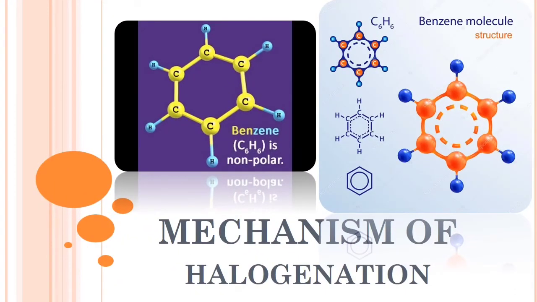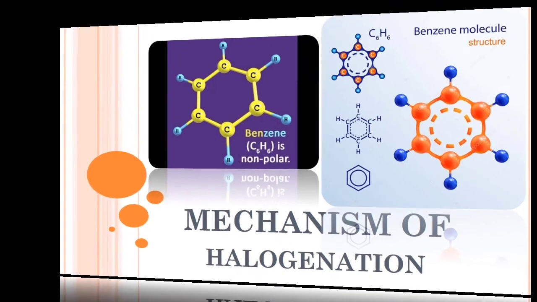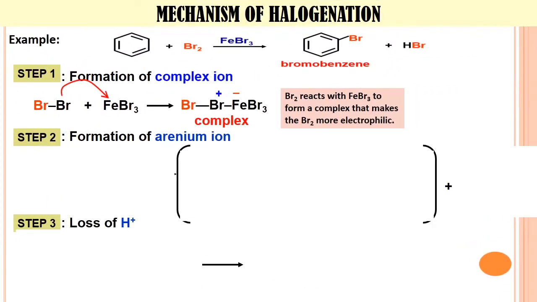Alright guys, we look at the first mechanism here, which is the mechanism of halogenation. So guys, as we know, in halogenation reaction, bromine or chlorine will react with the benzene ring. Okay, in the presence of a catalyst here, ada either you use iron tribromide, or kalau dekat sini chlorine, kita akan guna iron trichloride.